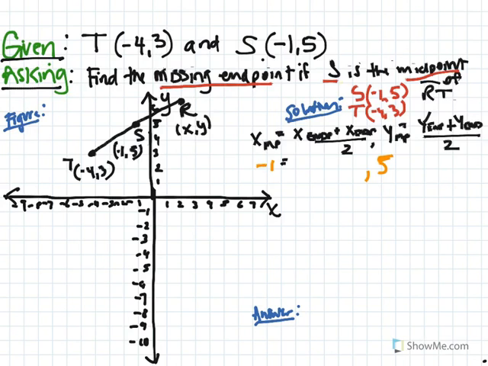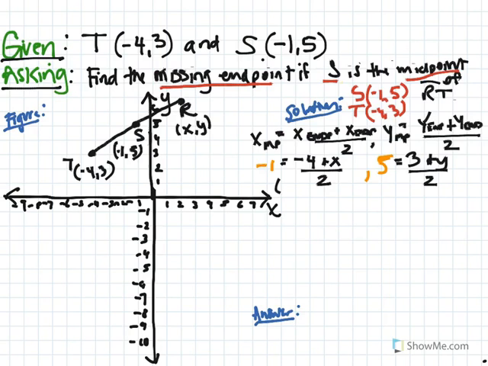Equals. Now on endpoint T, I know that I have -4, 3. So for my x value, I'm going to do -4 plus x over 2, because I just plugged in the endpoint that I have. And then over here on the y side, I have the y value for the endpoint that is given is 3 plus y over 2.